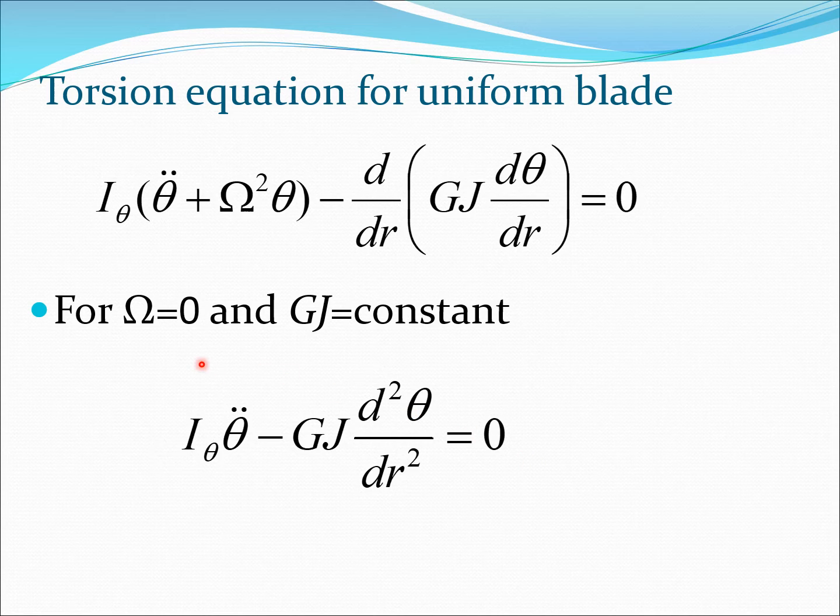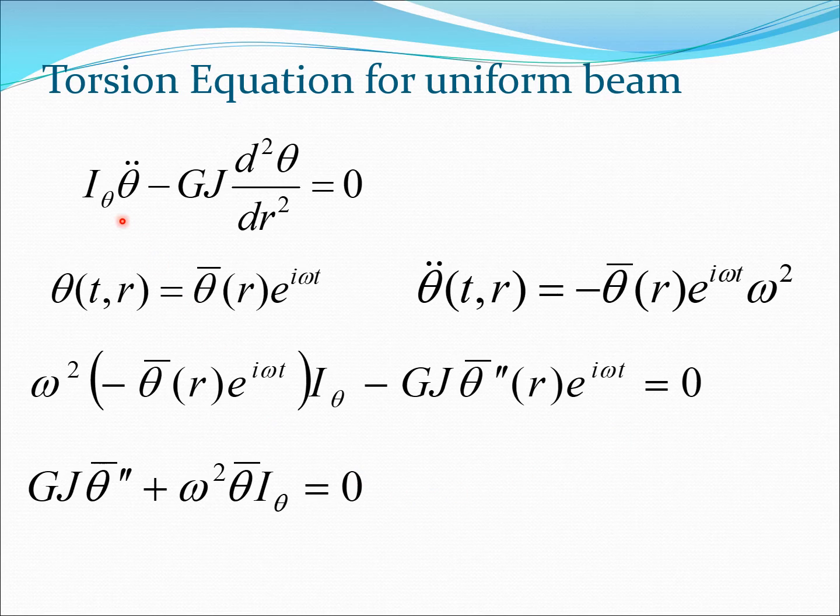So we are going to presume a simpler blade to get a solution. So we will say that let rotation speed be 0 and GJ be constant. In that case, I get this simple equation here, which some of you may recognize is the equation of a bar in torsion. So I can immediately take this equation here, and it's a constant coefficient differential equation.